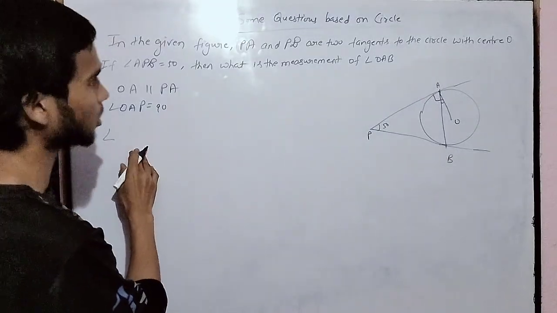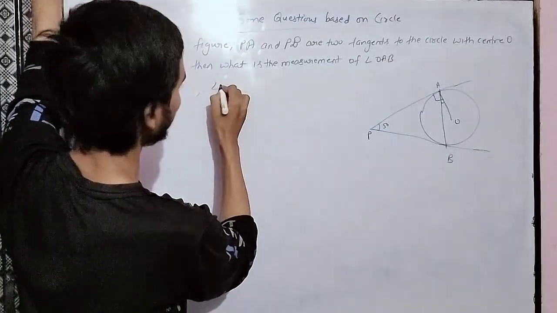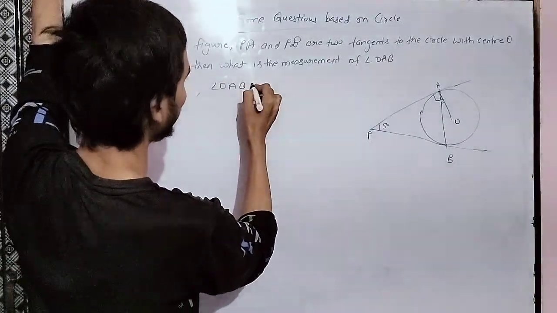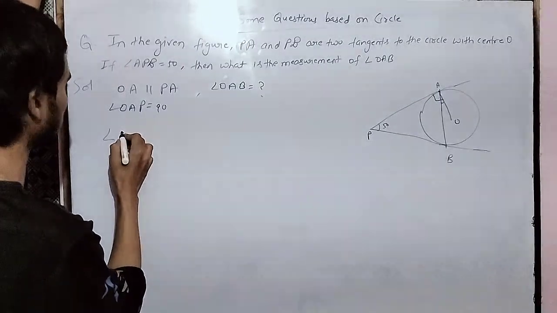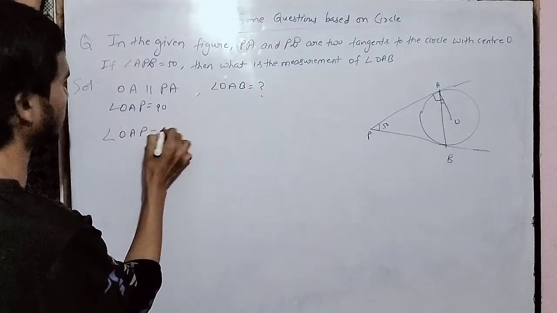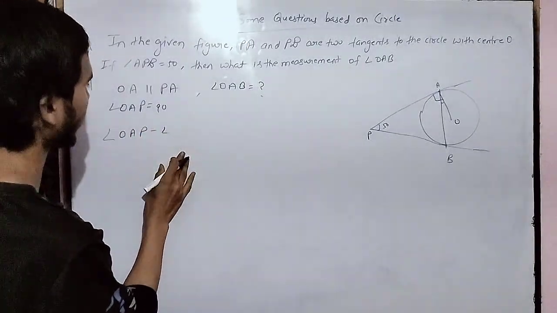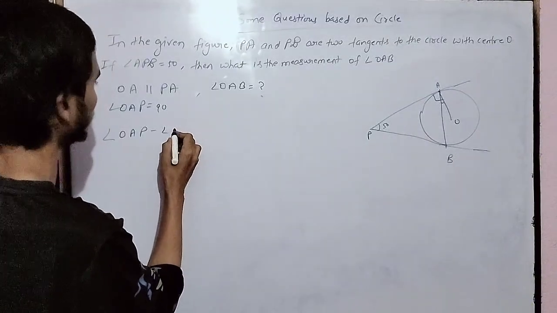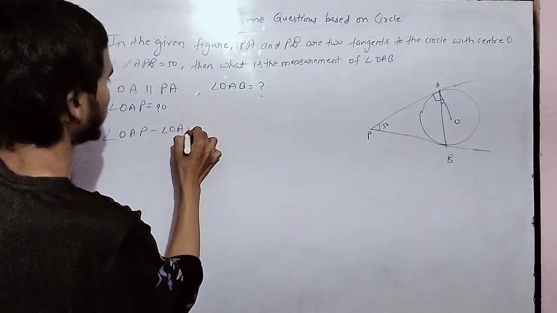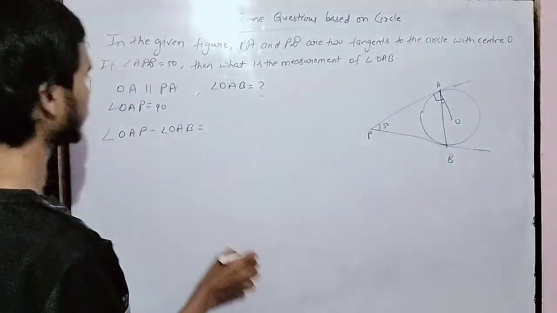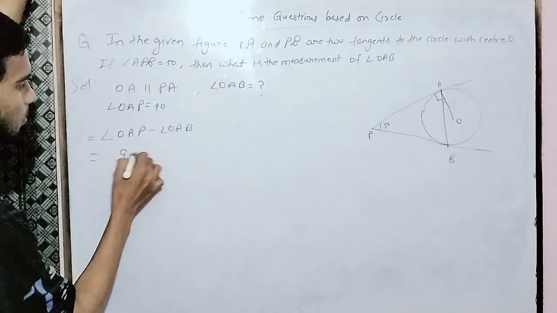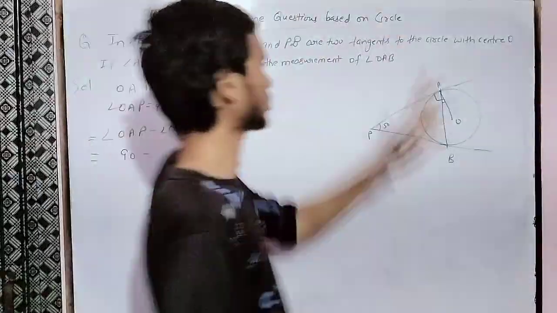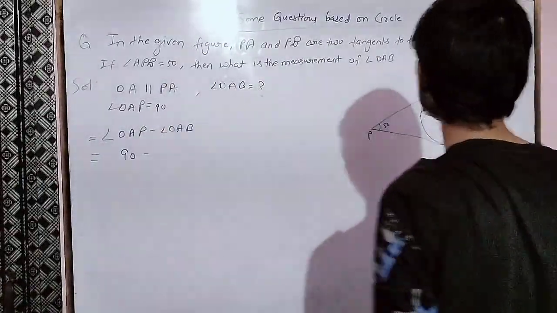Here angle OAB is not given. Angle OAB will be what? So 90 minus this.